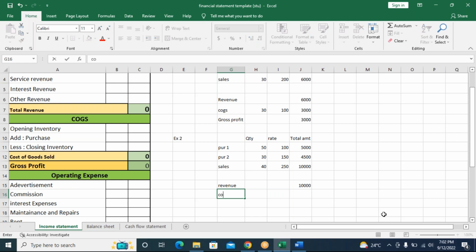Okay. So now tell me how much my COGS will be. I'm selling 40 books, so what amount should I take? Either I should take 100 or 150.